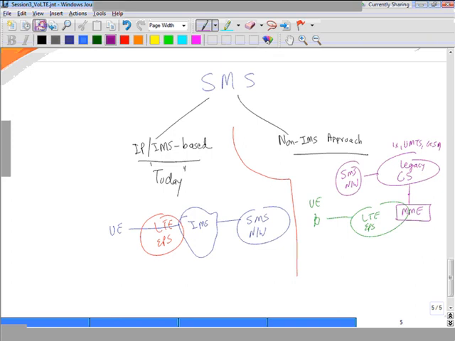So here we treat SMS like a regular circuit switch service, and then we use this new interface between the MME and legacy circuit switch network. So this way we can send and receive SMS, but we are actually communicating via LTE air interface.